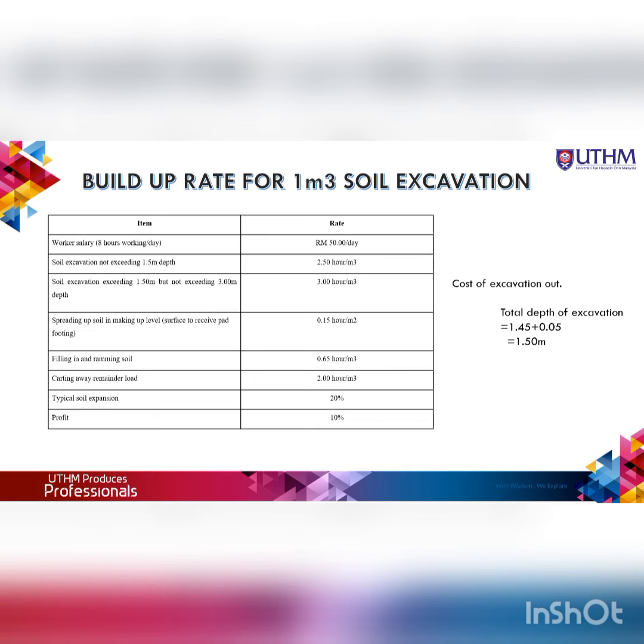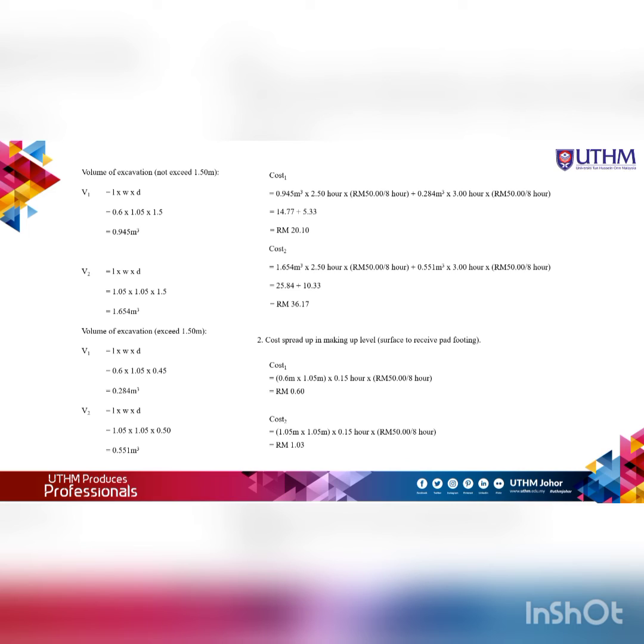And then we will also net the total depth of excavation. Then we will need to find the volume of excavation which does not exceed 1.5 meter, and the volume of excavation that exceeds the 1.5 meter. And then we will find the cost for the volume, and the cost of spreading soil in making up level surface to receive pad footing.